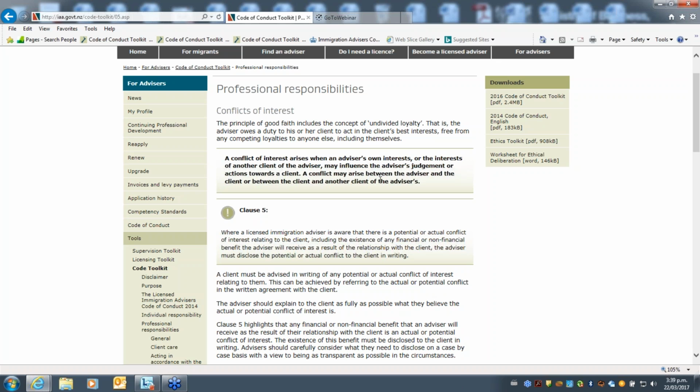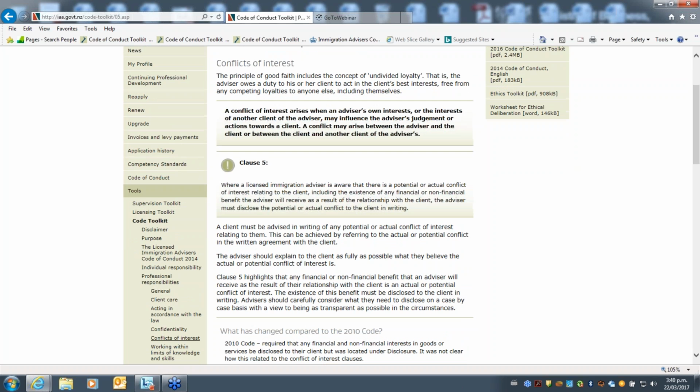So a conflict of interest arises when your own interests or the interests of another client of yours may influence your judgment or actions towards a client. So it can arise between you and your client, or potentially between two clients. So acting in one client's best interests may not be in the best interests of another client, in which case you may not be able to act for both of those clients.